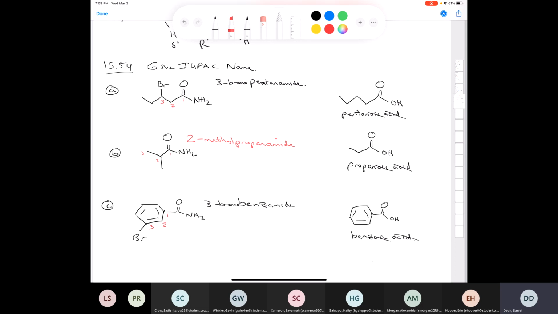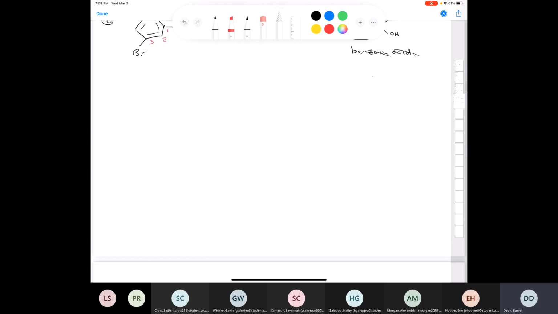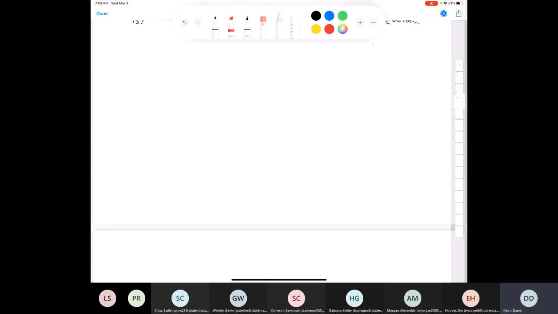There we go. I want to bump up all the way to question 15.67. So question 15.67, which is some fill in the blanks that involve amide chemistry. So hopefully in your textbook, because it's going to take me a second to write all these out.